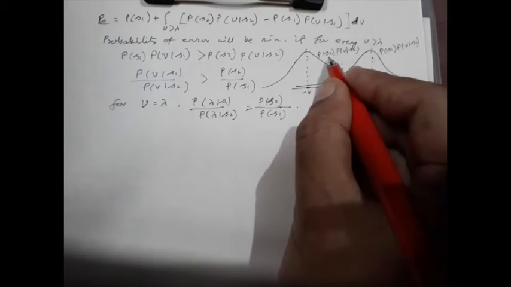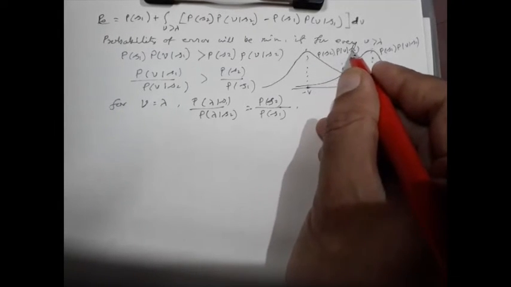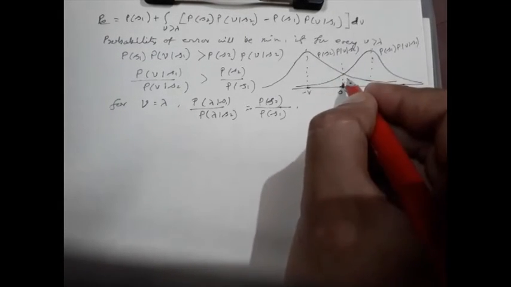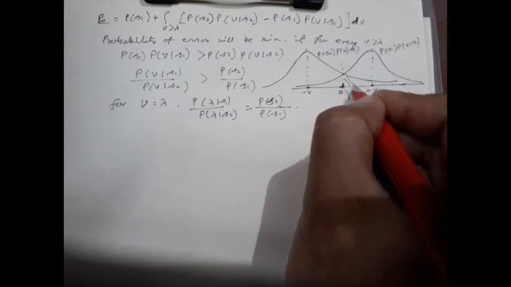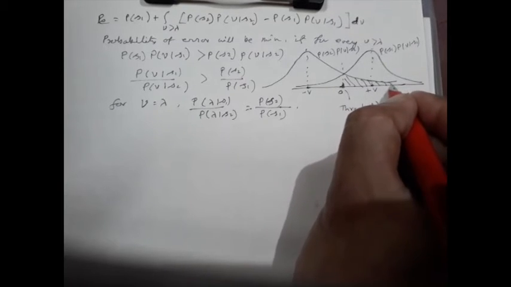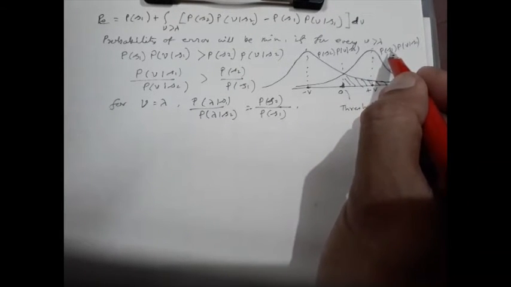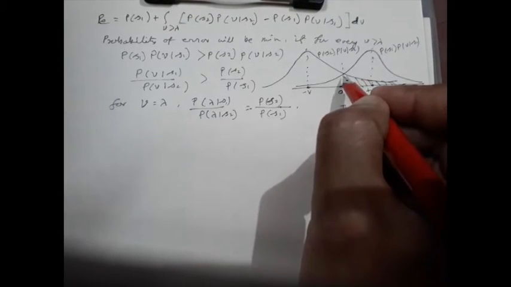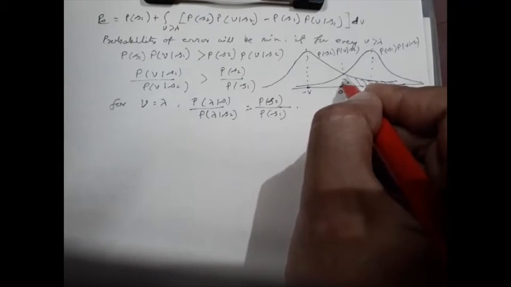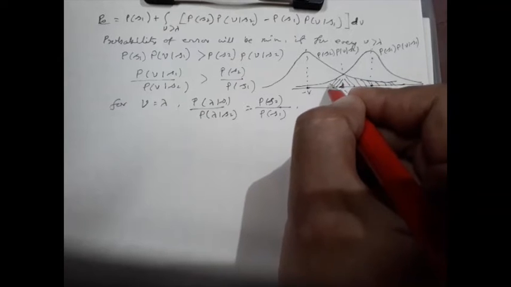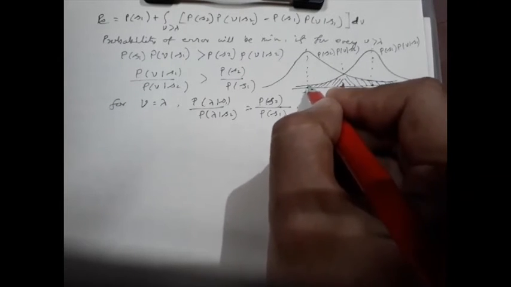The error for S2 will occur when we get a voltage in this region, and when S1 is transmitted we will have an error when we receive a voltage near this region.